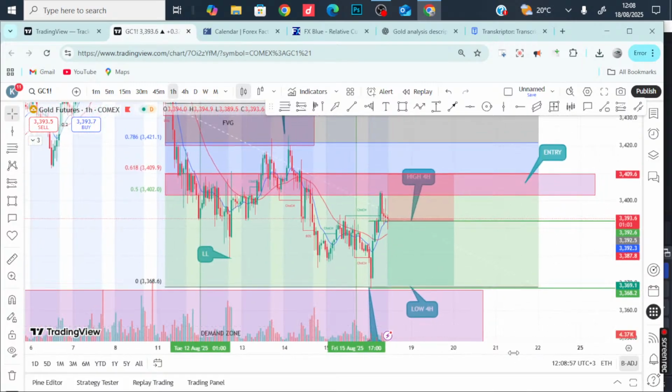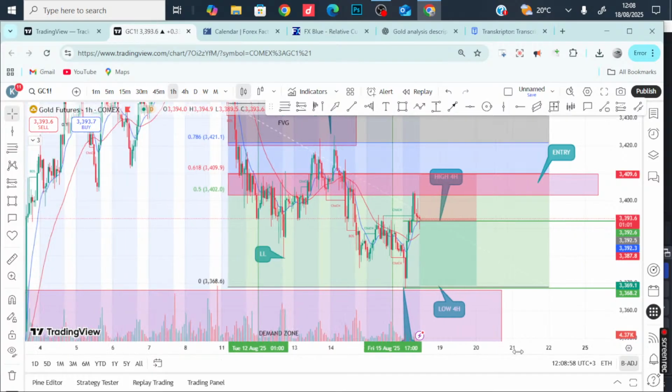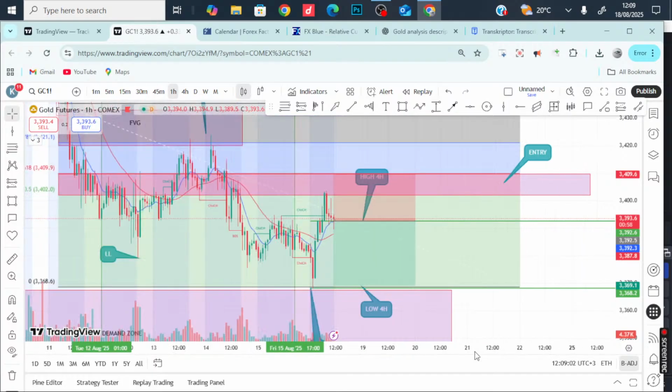This is a live analysis that I'm doing for you guys because I believe in you guys. I literally believe in you guys. As you can see in the morning, I think it mitigated on the demand zone. It tried to mitigate the demand zone, but I didn't see it fully mitigate it.